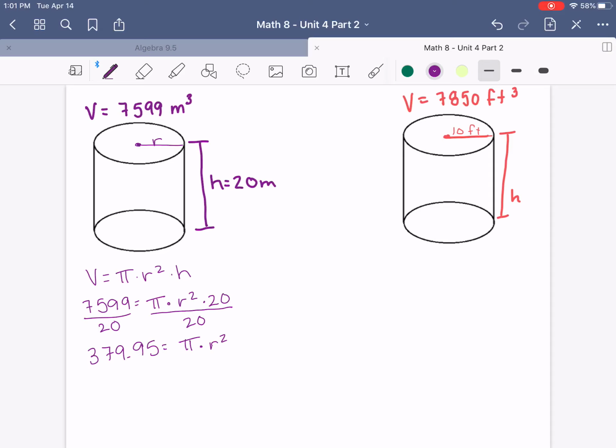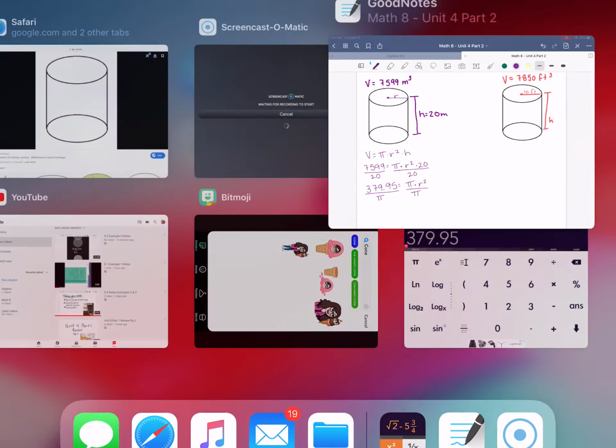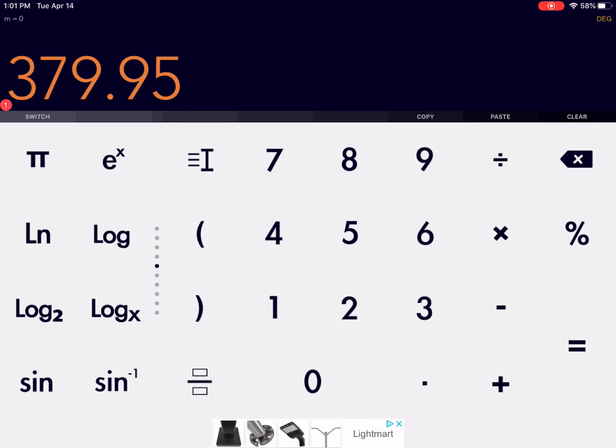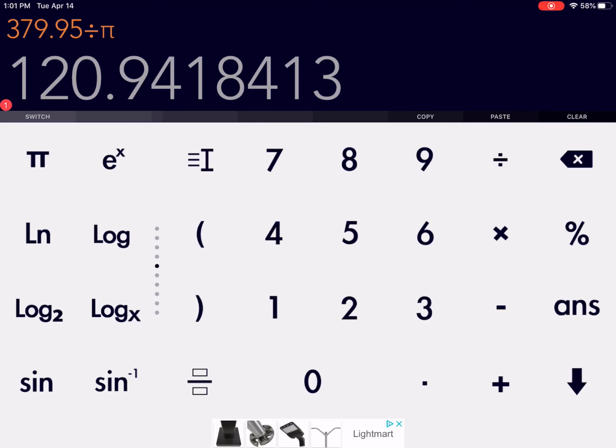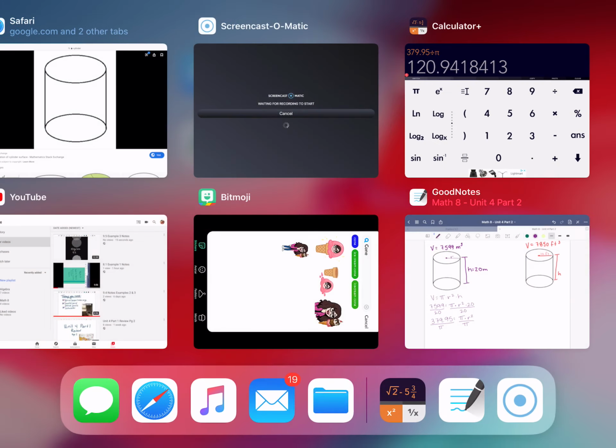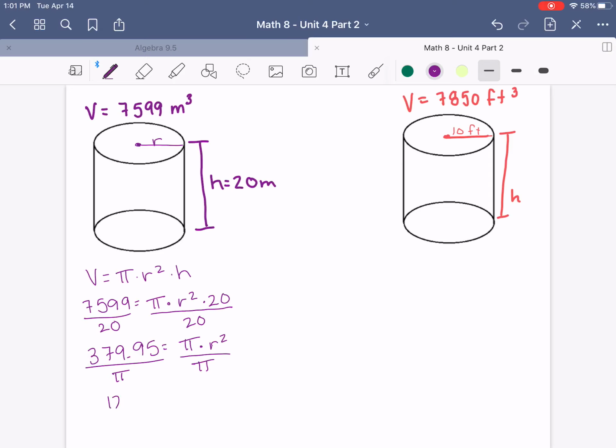Okay, I need to find out the radius. So again, I'm going to divide by pi on both sides. Back to my calculator. Divided by pi, 120.94. So this is going to be 120.9. That equals the radius squared. So remember, we just want the radius.